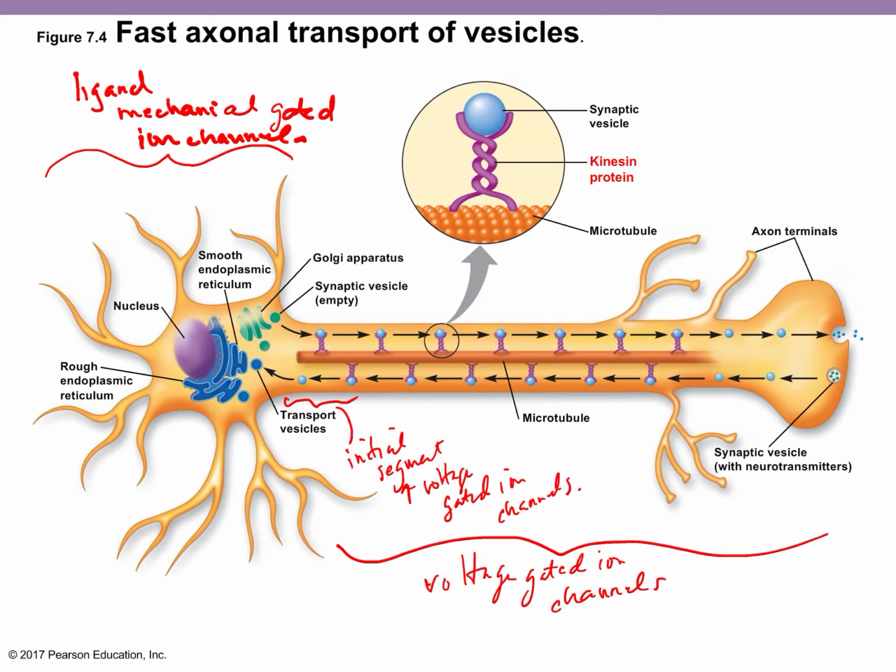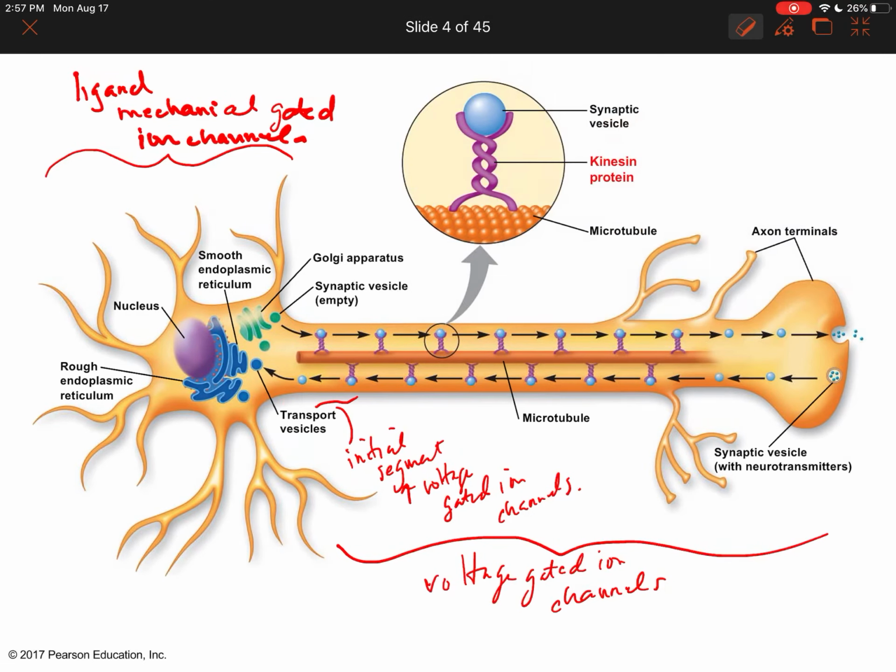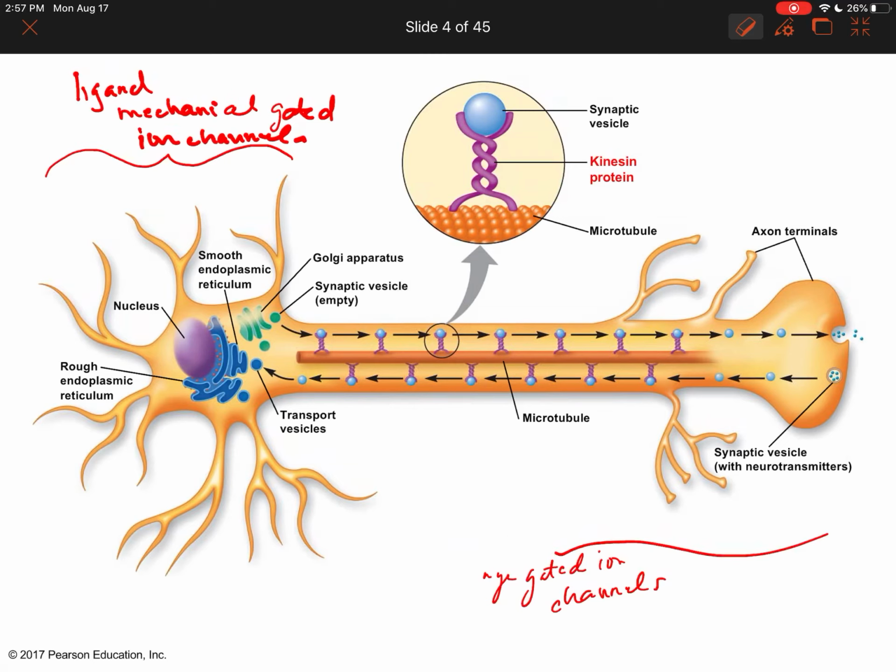For axonal transport, like we're looking at here, that just means that we're transporting substances that are made in the body of the neuron towards the axon terminals. Neurotransmitters are transported this way.